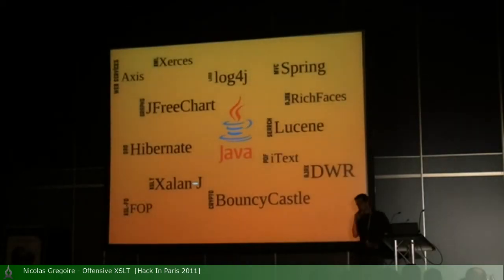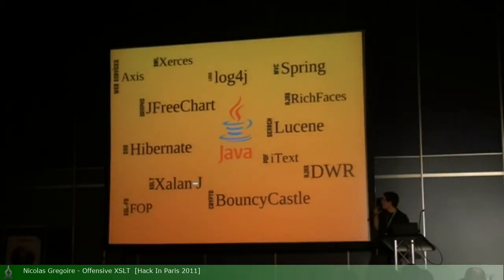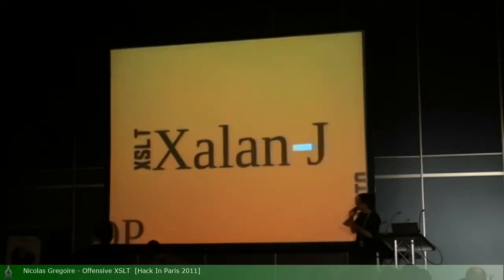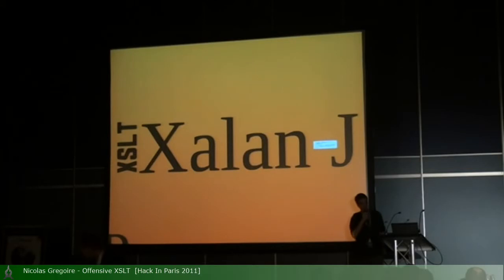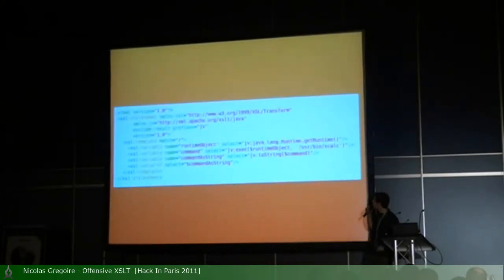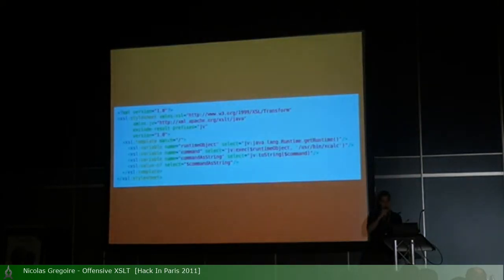So in this kind of virtual application, we will choose one family of components. We chose XSLT. And for example, Xalan is an XSLT engine from Apache. Why could this kind of component be interesting for us as hackers? Because you have some very interesting functionalities.